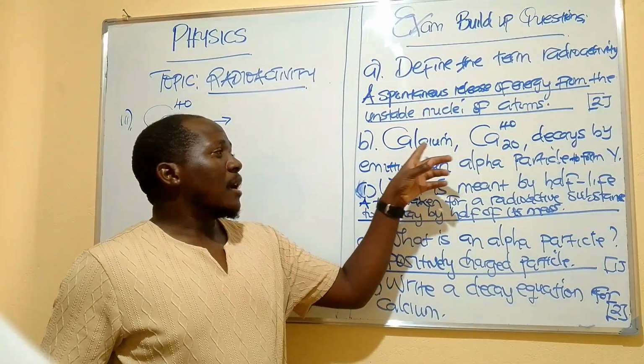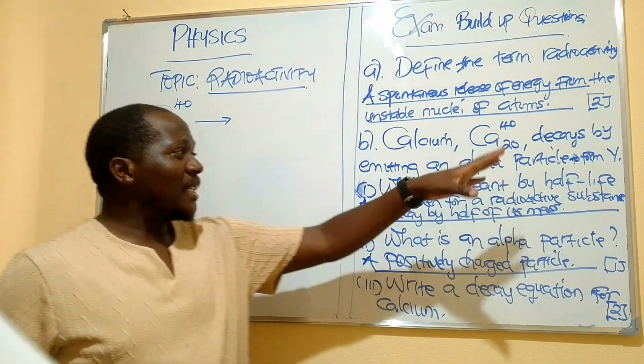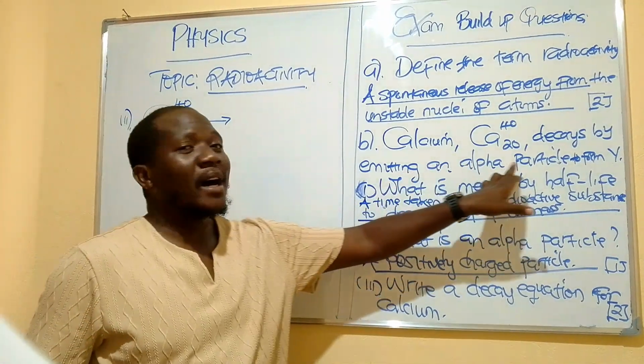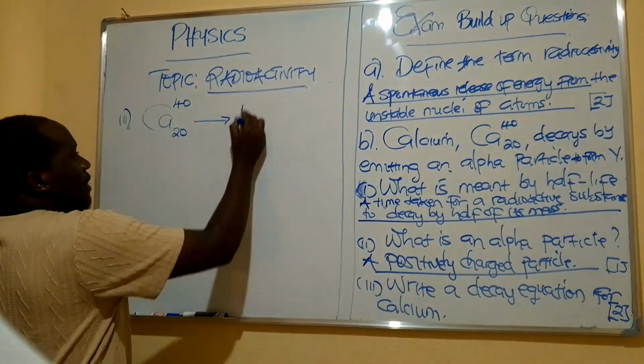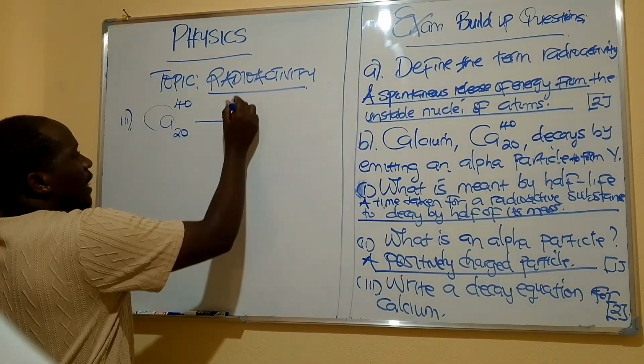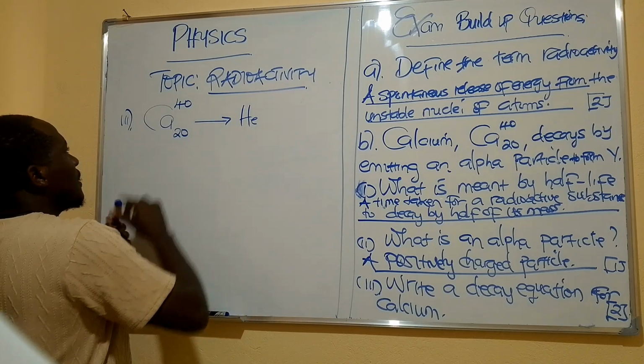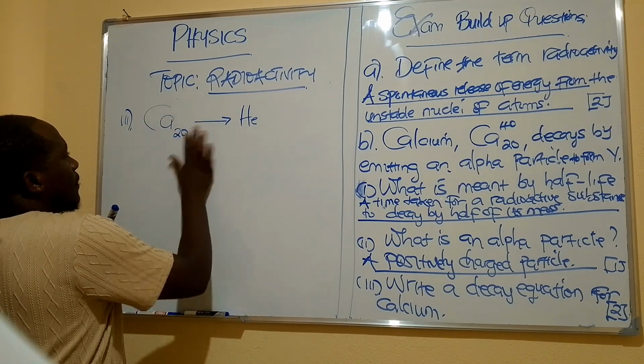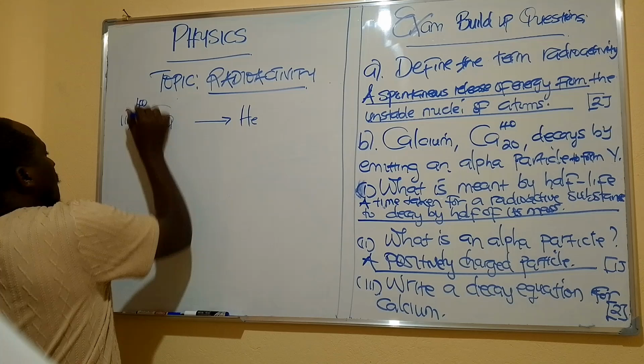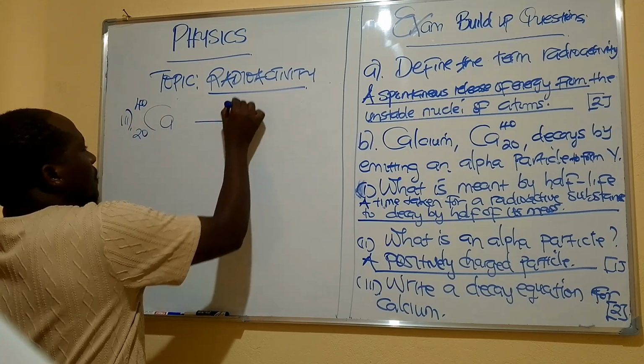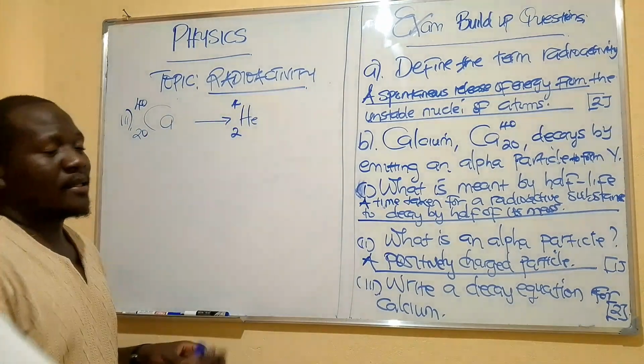They said calcium, which is 40 and 20, decays by emitting an alpha particle. What is an alpha particle? This is the atom of helium. So it is going to be a 4 as well as a 2.